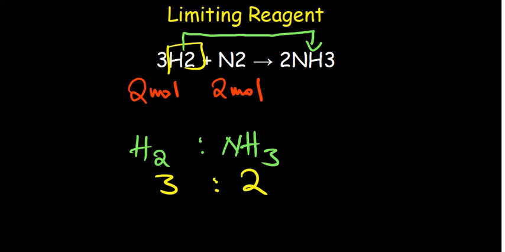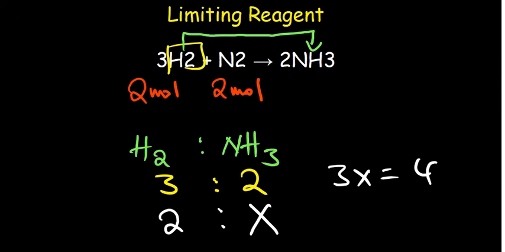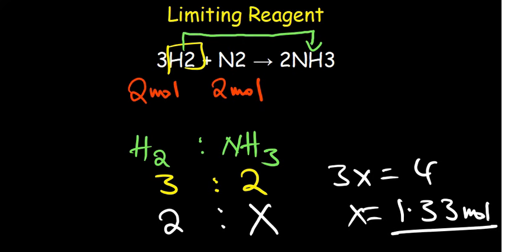So I'll try to get the number of moles of my hydrogen, I'll put it there, and then I'll try to find how many moles of the ammonia are going to be produced. So if we cross and multiply there, we're going to have 3x being equal to 4. So our value of x is going to be 4 divided by 3, which is 1.33. So those are the number of moles of our ammonia that are going to be produced.